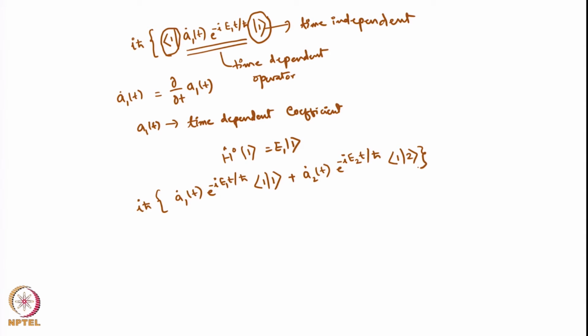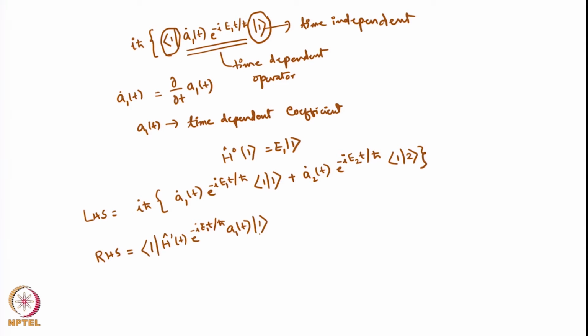Now, let us look at the right hand side. So, LHS is equal to, I will separate them and then equate later. RHS you had integral psi 1 star H prime of t e to the power of minus i E1 t by h bar A1 of t psi 1.